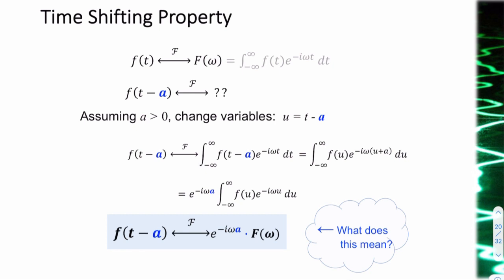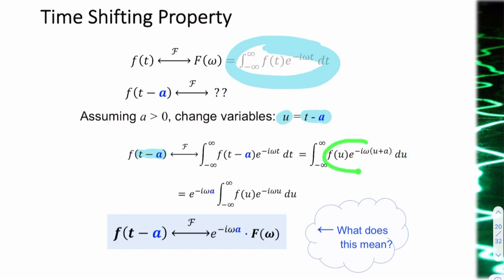So again, very basic proof. Let's simply rewrite this Fourier transform, but this time using t minus a. So f of t minus a with the same e to the minus i omega t. And we'll use the same trick. We'll say, well, if we were to replace t minus a with u, we can now rewrite that. du and dt are the same.